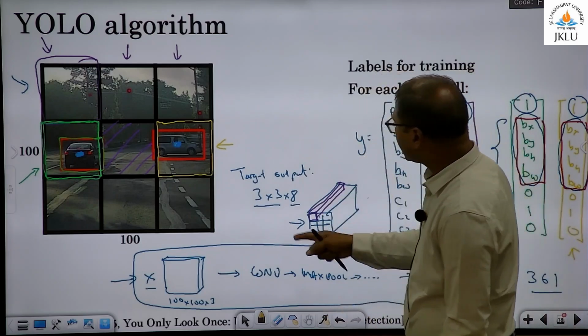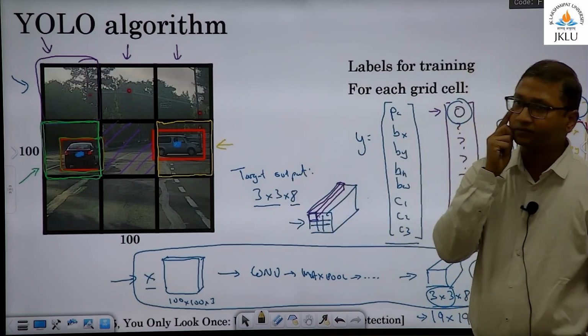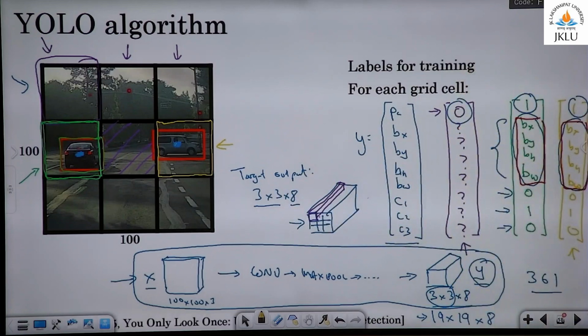So can anybody explain this 3 cross 3 cross 8? Laptop lids down.